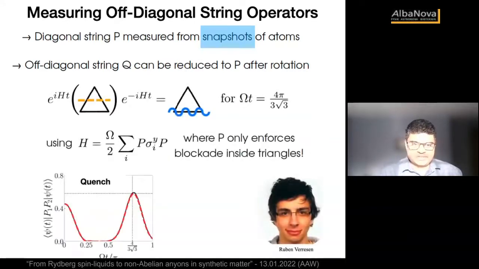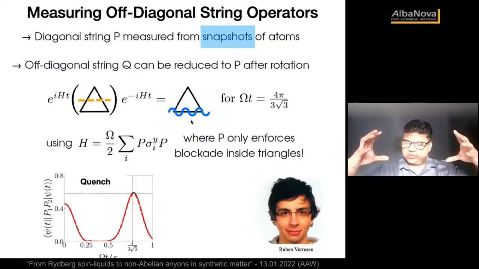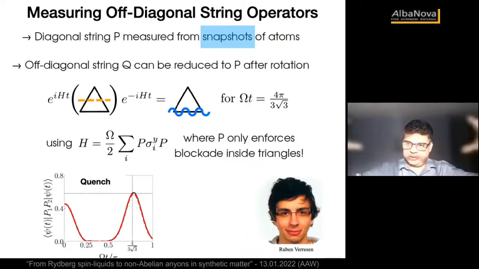What you could do is you could take your system and do a quench. Okay, so you change the parameters in the Hamiltonian suddenly. In fact, what we proposed was to change the Rydberg radius. So you bring in the radius of this blockade by a factor of 2. Then you time evolve for a particular amount of time, for reasons that are not very obvious.